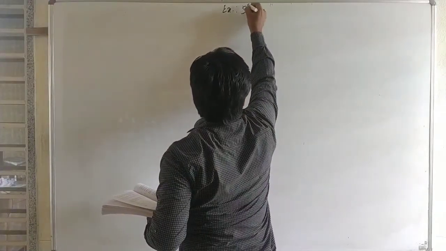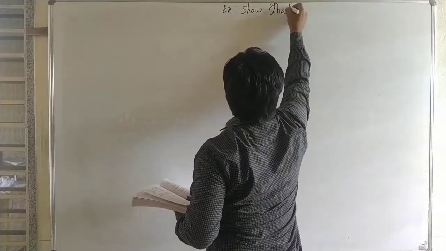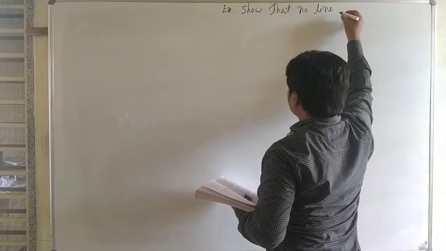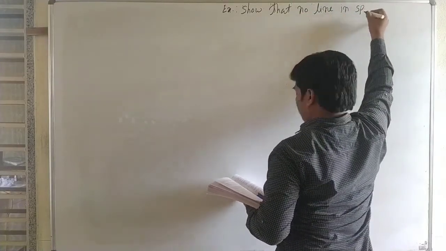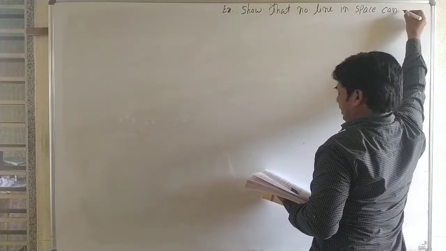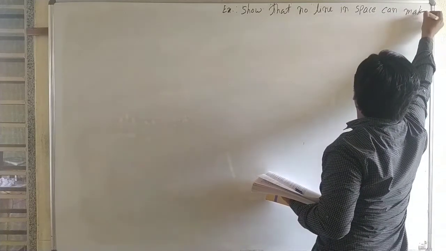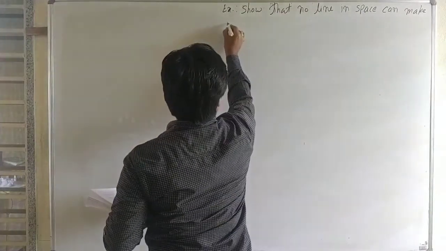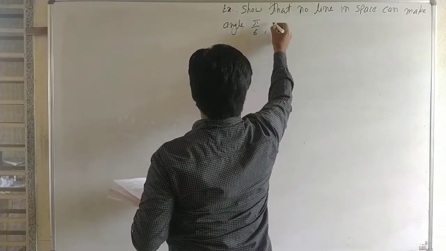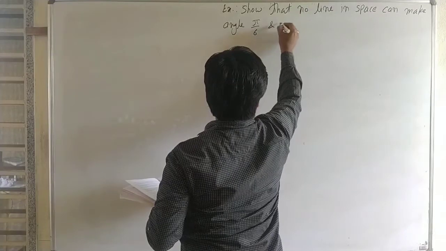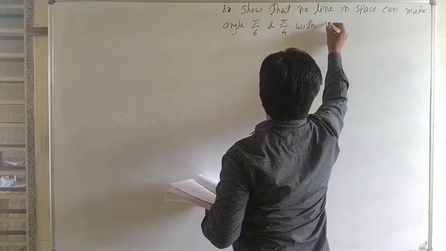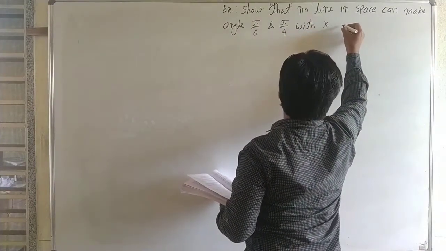Show that no line in space can make angle pi by 6 and pi by 4 with x and y axis.